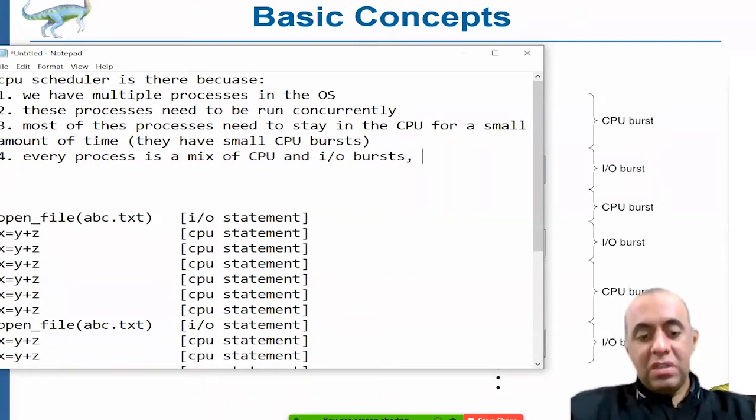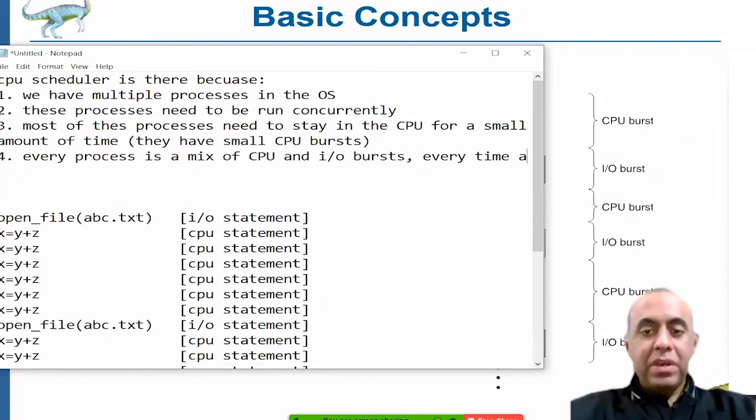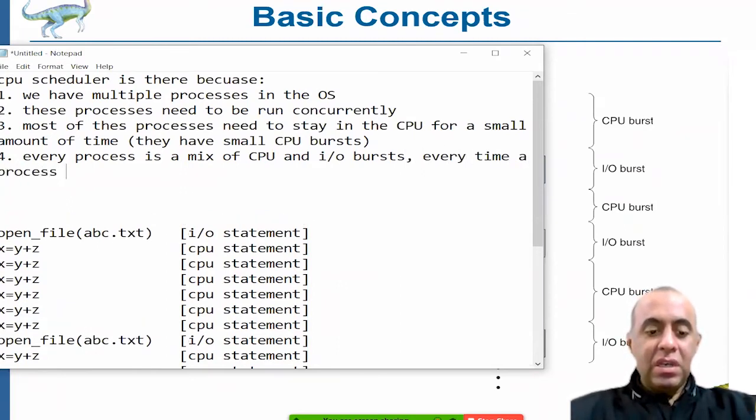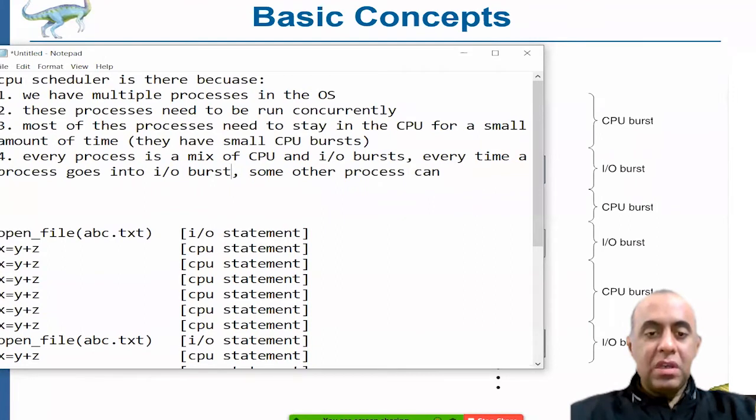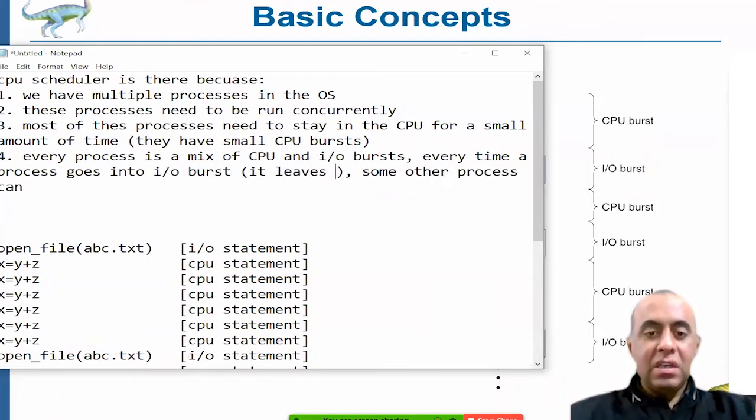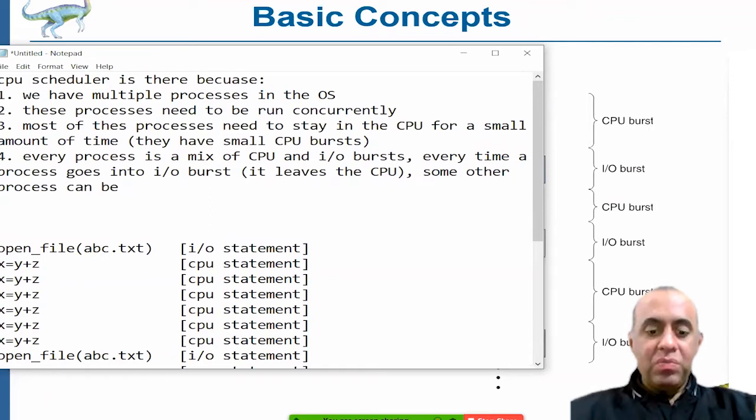Every time a process goes into an IO burst, that means it leaves the CPU, and some other process can be brought into the CPU.